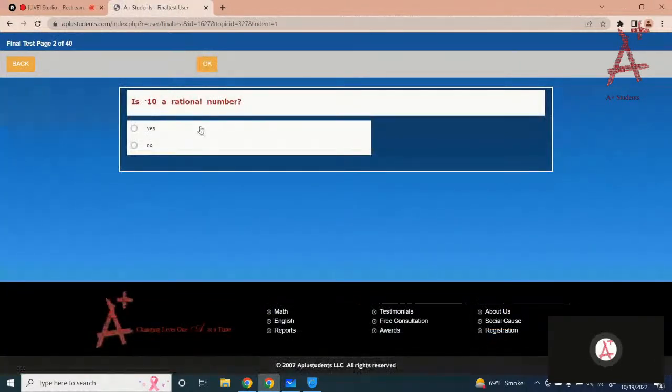Okay, is negative 10 a rational number? Yes or no? Is negative 10 a rational number?